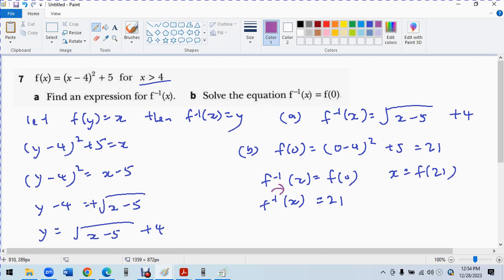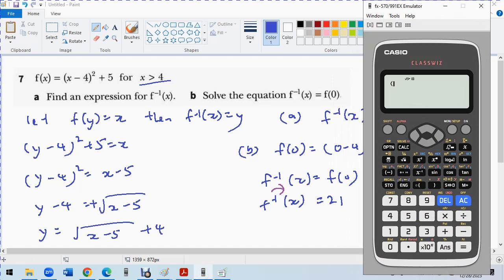This f inverse move to the other side will become f of 21. So it will become (21 minus 4) squared plus 5. So 21 minus 4 is 17. Okay, so we have 289 plus 5, then it's 294. You can check with your calculator. (21 minus 4) squared and then plus 5, then it's 294.